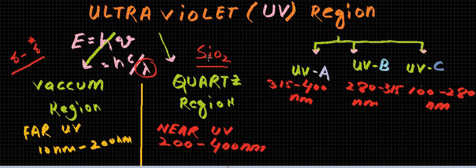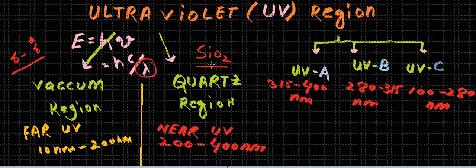Quartz is actually fused silica, and liquid samples are placed in fused silica cells or cuvettes or sample holders when they are analyzed in the UV spectrophotometer. Silica is transparent to this region, meaning it will not absorb any photons from 200 nanometers to 400 nanometers. That is why it is called transparent in this region.